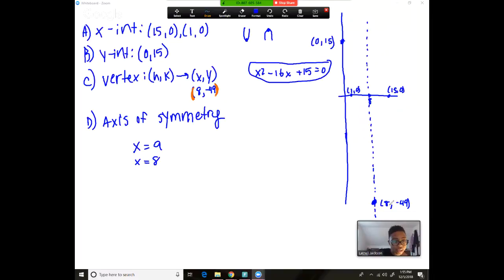Another way to tell what the axis of symmetry is going to be, like how you can foresee it. Okay, so that's all the steps. That's 4 steps, and we have everything we need. We plotted our points as we went along.